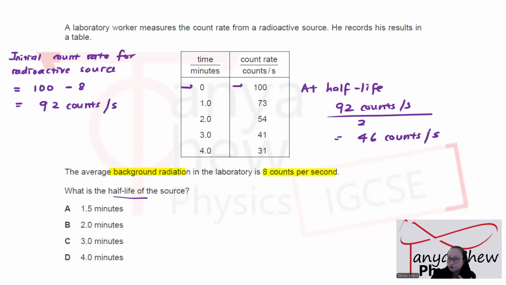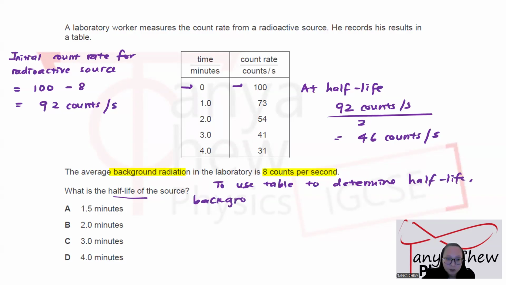In order for you to use a graph or use back the table, because the table given here is including the background radiation, to use the table to determine half-life, background radiation is added.